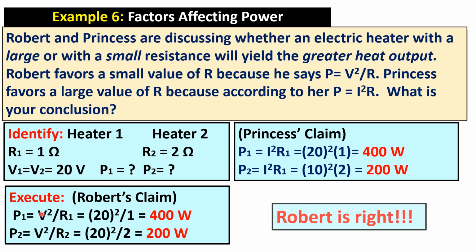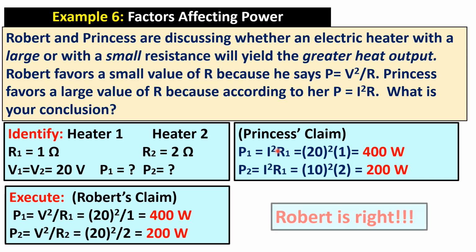and therefore it is correct to say that the smaller the value of R, the greater is the power output. Whereas in Princess's equation, the current I is not constant. In fact, if you notice in her substitution of the given, it can be computed that the current for a given voltage of 20 volts and for a given resistance of 1 ohm is in fact 20 amperes.